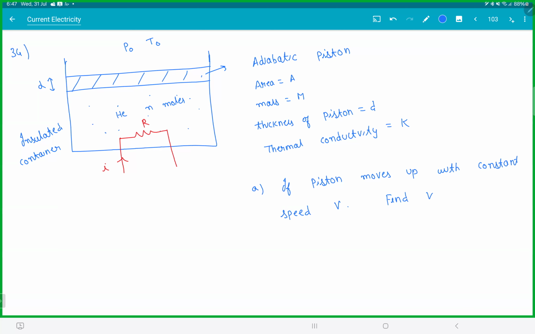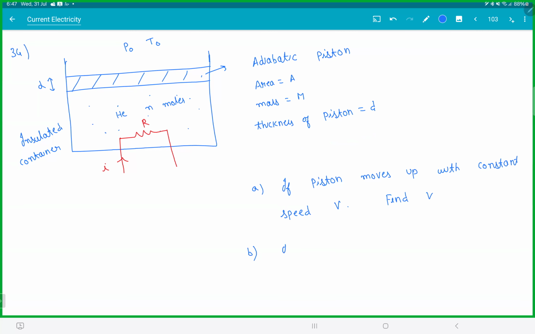I don't think we'll be able to solve this. I need more information. I'll do one thing, wait. First case, it's an adiabatic piston, so let's not take conductivity. Let's get that.